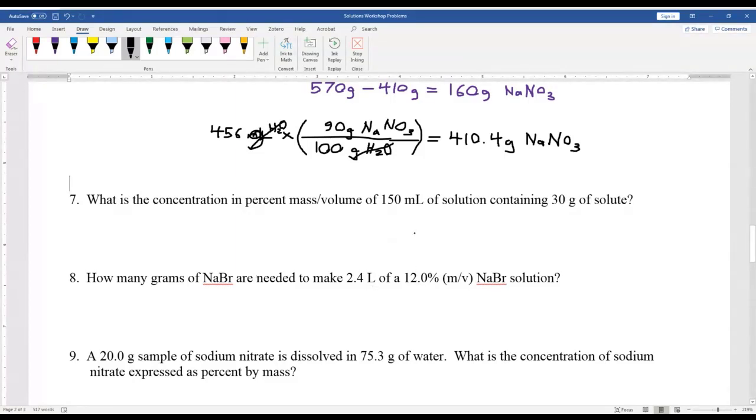So it says percent mass volume. If I want mass volume percent, it's typically given like this, percent mass volume, and it's basically going to be the grams of solute over the milliliters of solution times 100%.